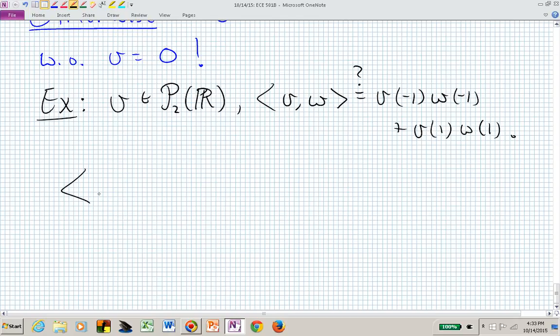If we set v of t equal to t squared minus 1, which was my w from before, this is obviously not identically 0, but what do we know about our inner product that we've just tried to define here? If we look at v with v, what's v of minus 1?